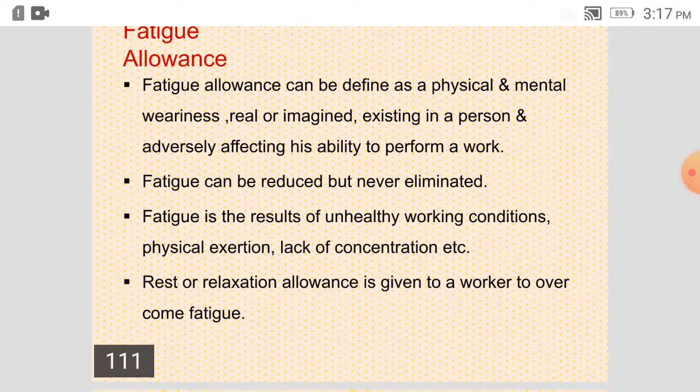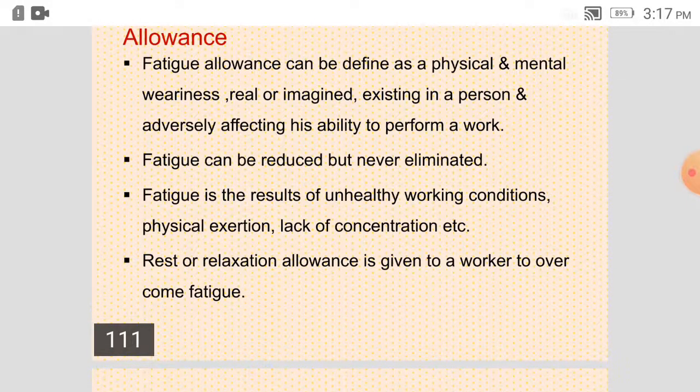So everybody who is continuously doing a job, I have told you the fatigue will be there, and fatigue can be reduced, but it cannot be eliminated, because every worker who is working and consuming his energy in performing that job, after some period of time will try to get relaxed, and at that time this type of allowance is to be added.